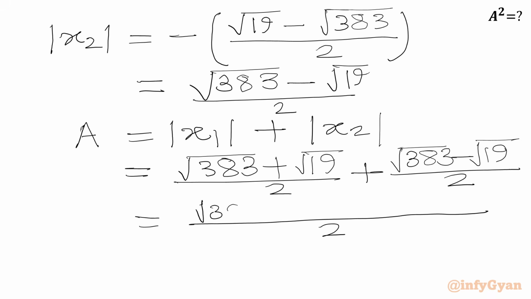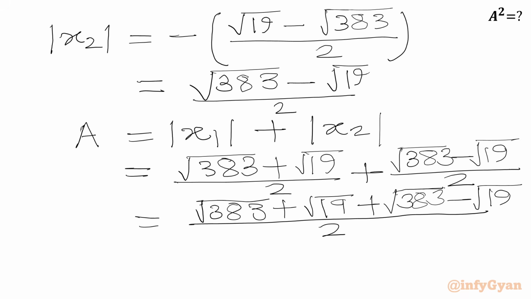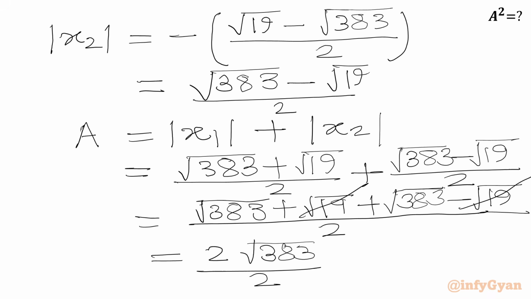So we sum up our numerators: square root 383 plus square root 19 plus square root 383 minus square root 19. Now we will cancel plus and minus square root 19. So we are going to get 2 times square root 383 over 2. Now 2 and 2 will be cancelled out. We will get the value square root 383.